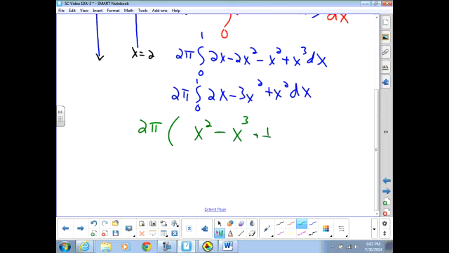And then we'll have... wait a second, I had a miswrite. That was an x cubed, let's rewrite this last one. That was an x cubed, so it should be an x to the 4th, meaning we need a 1/4 out front. And we're going to evaluate that from 0 to 1.